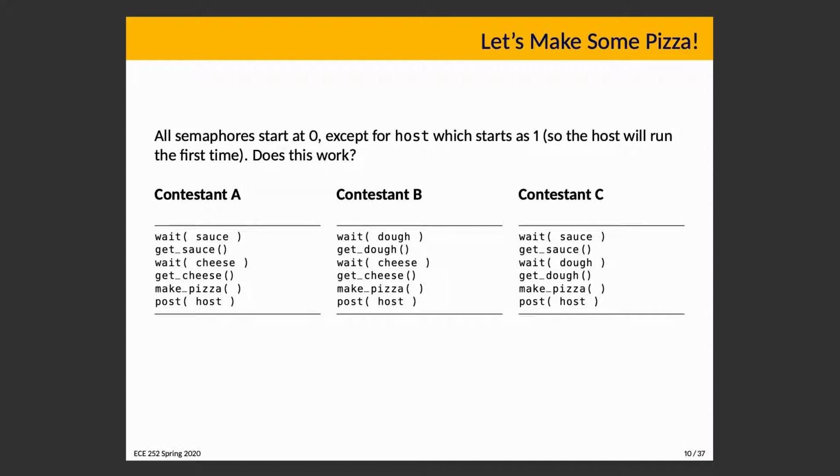Choose a random ingredient and put it on the table, and then post on that ingredient, and then choose a second random ingredient, put it on the table, and then post on that ingredient. Again, the second random ingredient will not be the same as the first, and that's it for the host. I'll go back around the loop and wait for the next time that they're woken up. So when the host starts, wake up and put 2 random ingredients on the table, and then go. Okay. So, let's take a look at this, and does it work?